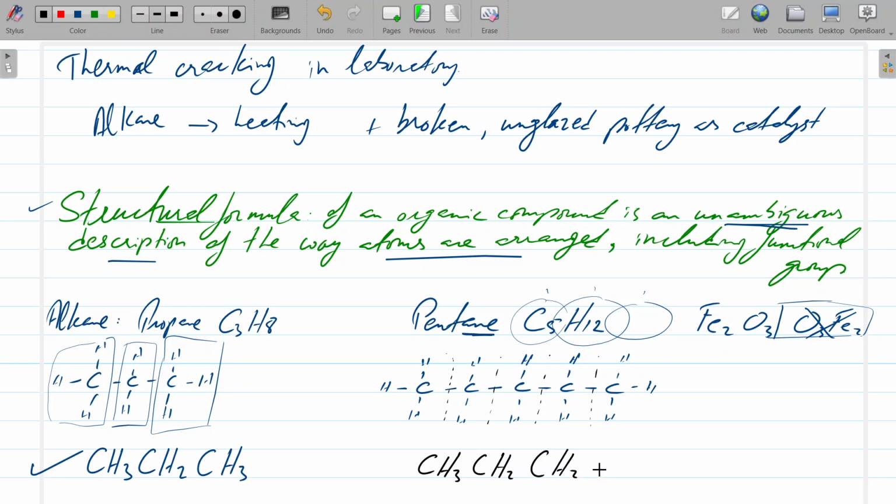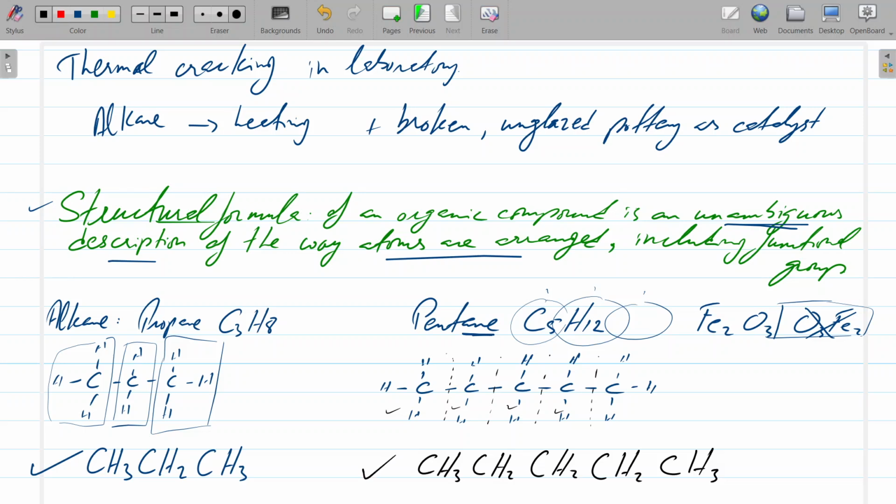CH2. Okay, how many CH2s are we going to write? We've got CH3, CH2, CH2, CH2, and then CH3. And that is your structural formula.